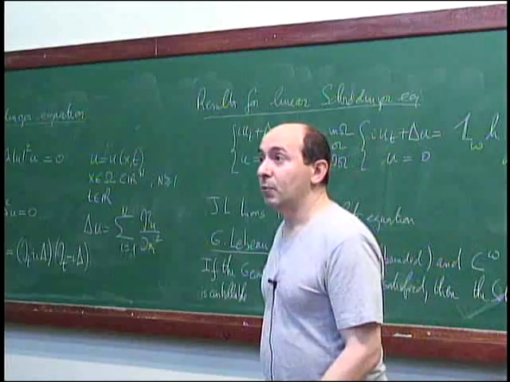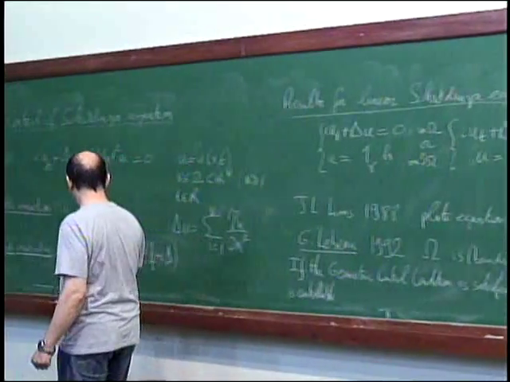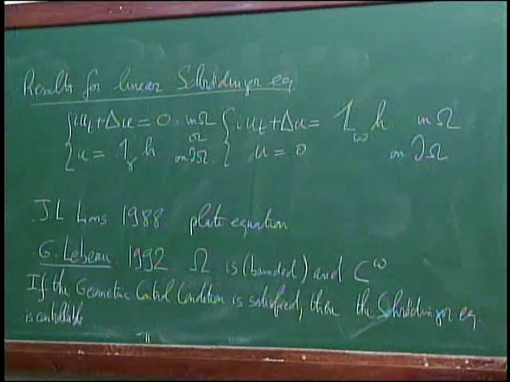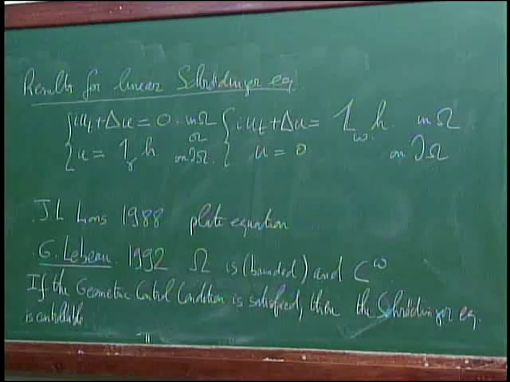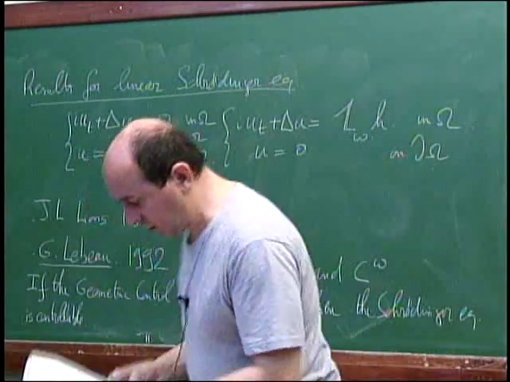So what is the geometric control condition? It is a necessary and sufficient condition for the control of the wave equation. I will give the statement. I will just do a picture in the convex case, which is quite simple to understand, to feel.